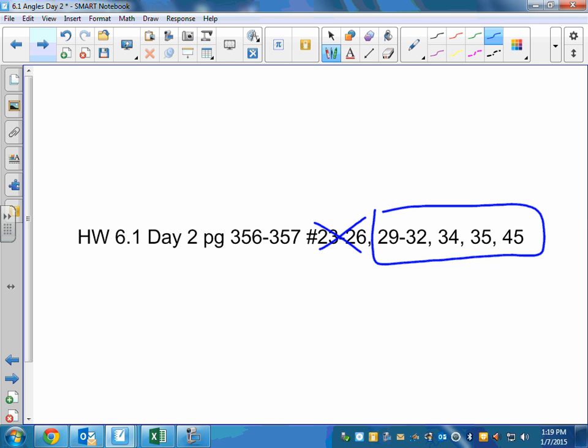So not 23 through 26 yet, unless you remember about degrees, minutes, seconds. I'm going to assign that eventually. But the rest of that is over arc length, angular speed, linear speed. So you should be able to do those other problems, and then tomorrow we'll try to summarize the stuff and do degrees, minutes, seconds stuff. Okay? We're already ahead because last year we missed this whole week, right? That's why you know.